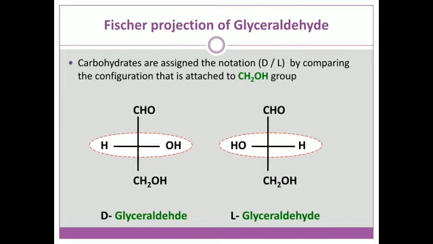So D-glyceraldehyde contains the OH group at the right side and L-glyceraldehyde contains the OH group at the left side in the chiral carbon which is attached to the CH2OH group. Simply we can understand, if the OH group is on the right side, then it is called D sugar. Similarly, if the OH group is on the left side, then it is called L sugar. But we must see the OH of the carbon that is attached to the CH2OH group.